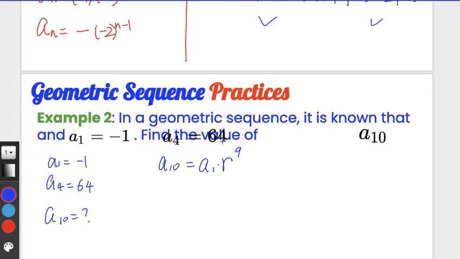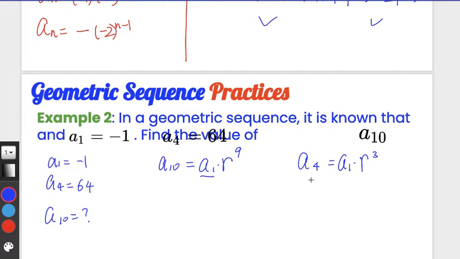Now we know the first term, but we don't know the ratio. So the main idea is, how do I find the ratio? We are going to use these two numbers here. I know the fourth term, and in order to get the fourth term, I need to multiply by the common ratio 3 times, right?